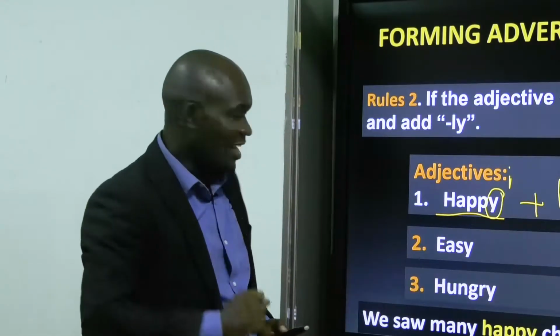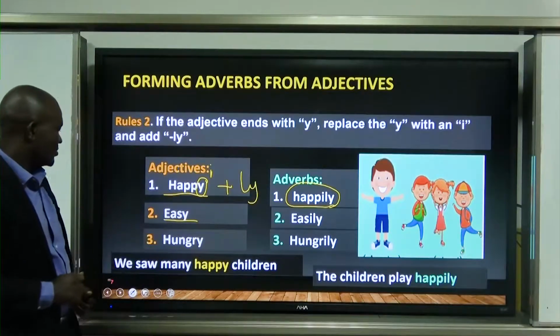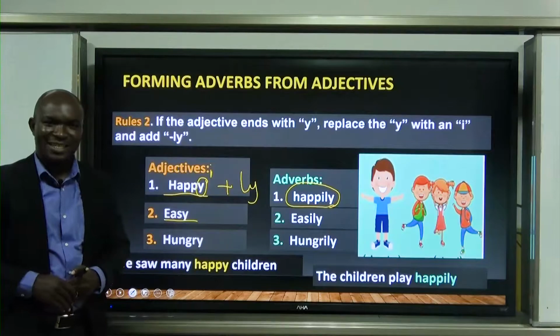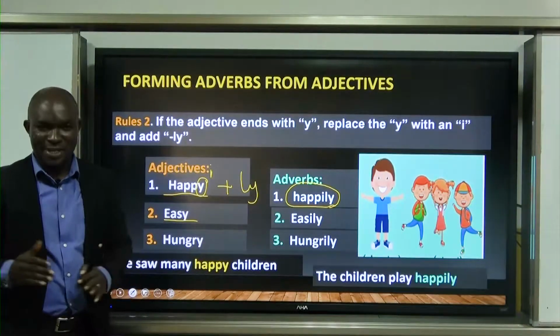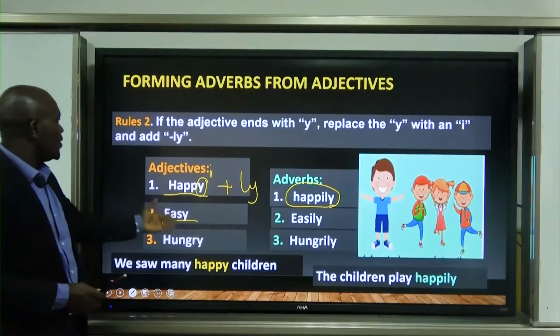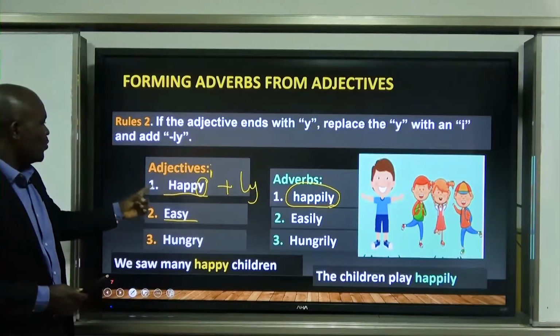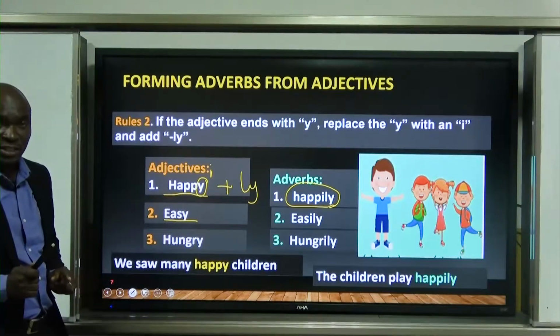So happy as an adjective, happily as an adverb. I hope you're getting that. Good. Let's consider the word easy. The question was an easy question. The word easy is an adjective, and if you follow the second rule, change the y to I and add ly, what would you get?